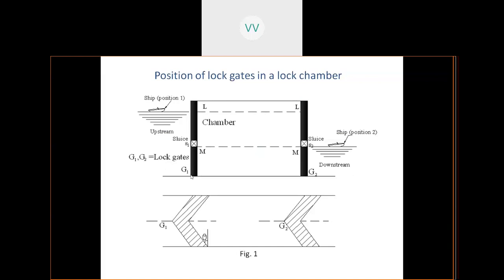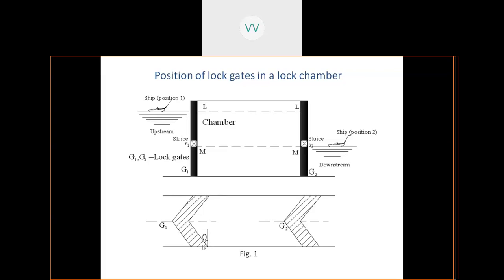This is G1, and here on the downstream side it is G2. This is one pair, and this is another pair. The angle which the lock gate makes with the vertical is theta.